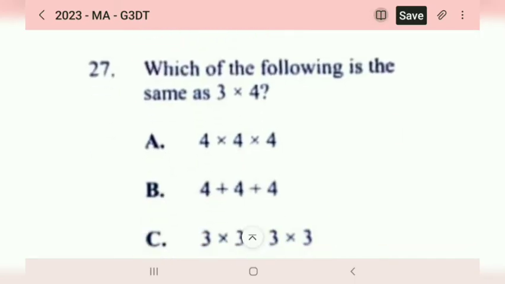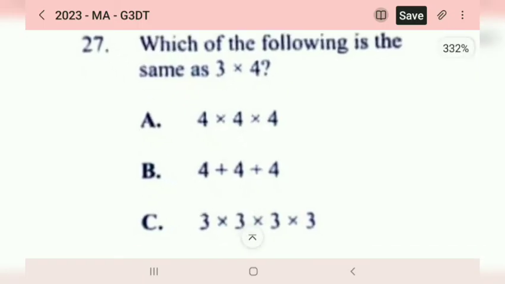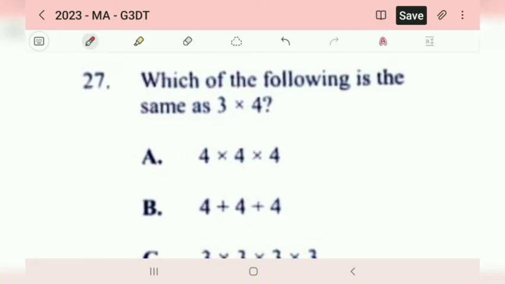Moving on to 27. Which of the following is the same as 3 times 4? Meaning 3 groups of 4. What do we have, guys? 3 fours are what?